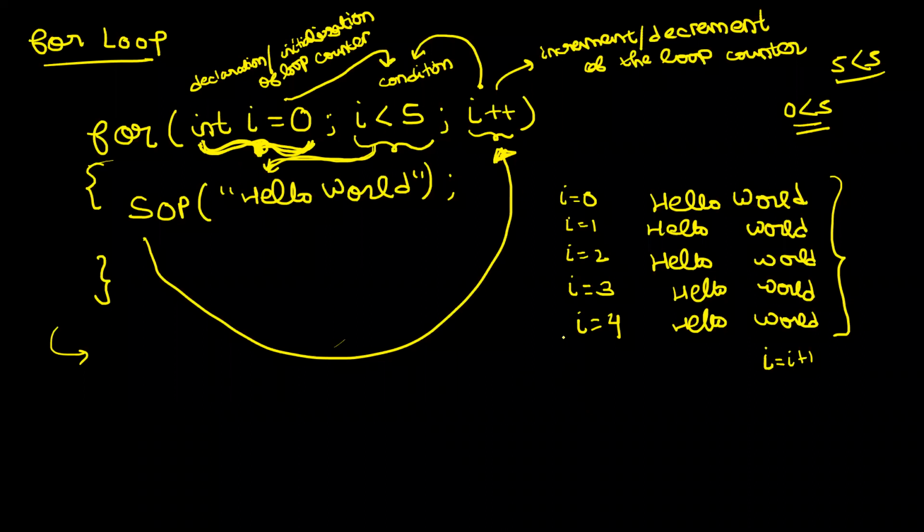If I use ++I, same behavior. Okay. Now, see guys, the most important thing that I want you to pay attention to here is any general syntax, for int I equal to 0, I less than n, I++.